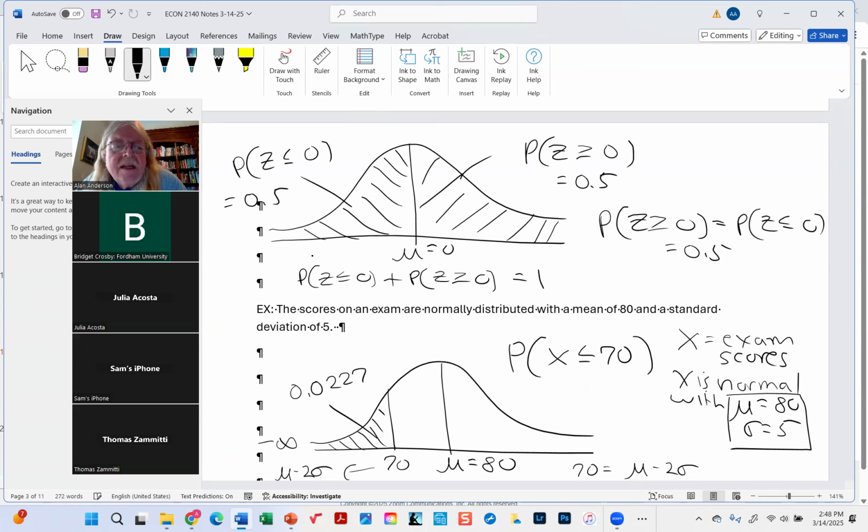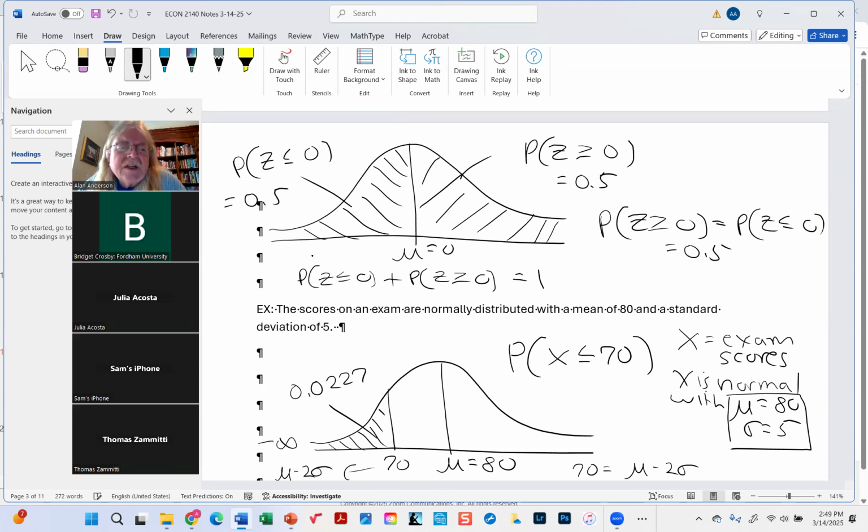All right, so now we want to try something different. Up to this point, all these problems were based on the standard normal distribution. What happens if we have a different situation on our hands? Now, we did use this example last time where we had scores on an exam that were normally distributed, but the mean is 80 and the standard deviation is 5. So a couple of things to note here. First, we're using X now.